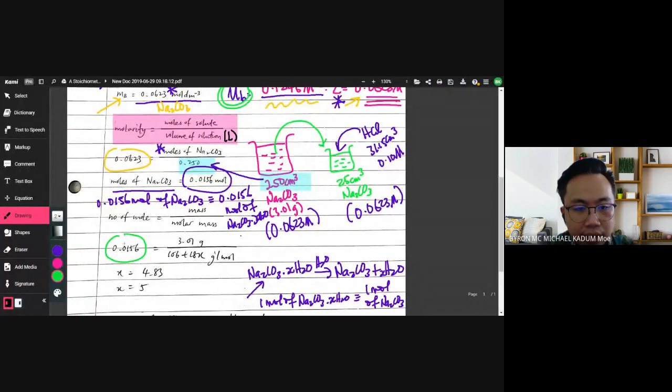This is mol of Na2CO3.XH2O. And then, ini adalah mass dia ni. Ingat, 3.01 gram. 3.01 gram of the partly effervescent kan tadi. Kita balik ke soalan tu.